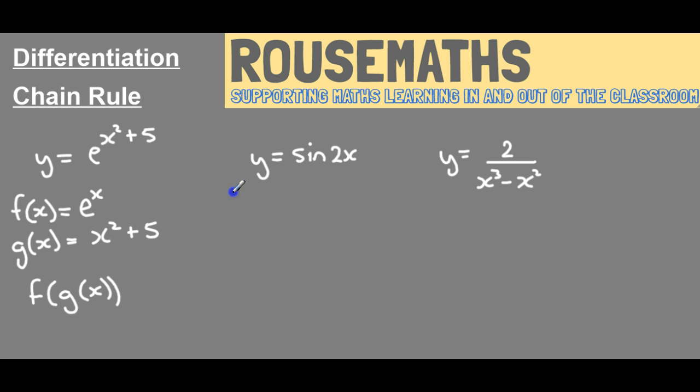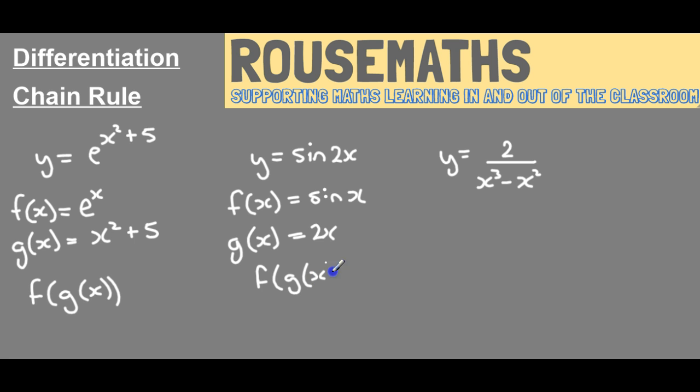Similarly with the second one, y equals sine 2x, f of x is sine x and g of x is 2x. And once again, we've got a composite function. And finally for this one, to appreciate this as a composite function in the same way as the previous two, it's worth rewriting using a bit of indices.